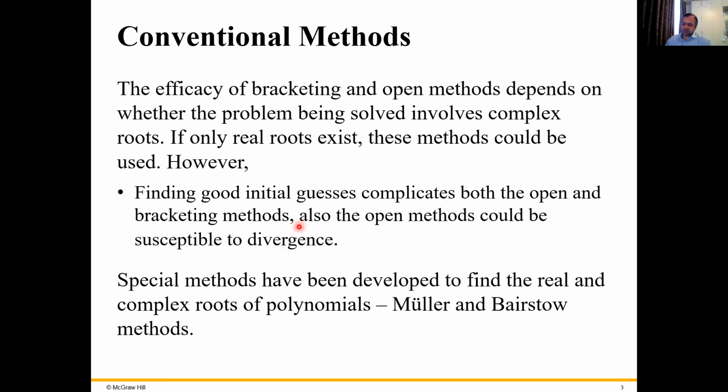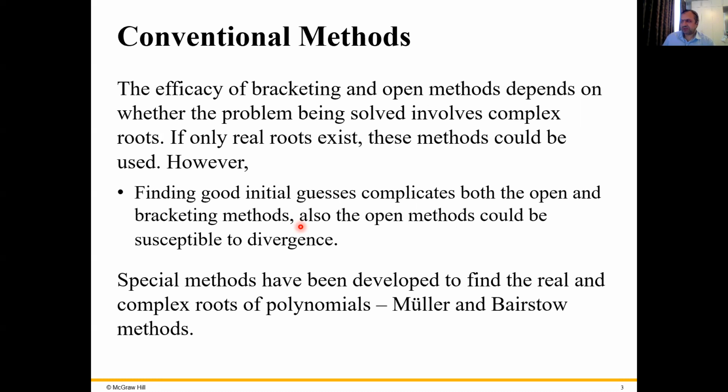In the bracketing methods, the requirement is that we have to bracket the solution. Sometimes finding the bracket of the solution, where for one value the function is less than 0 and for the other limit the function should be greater than 0, can be difficult.